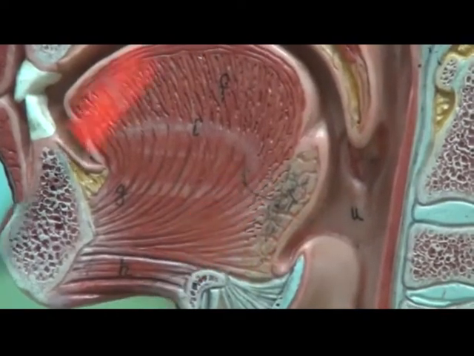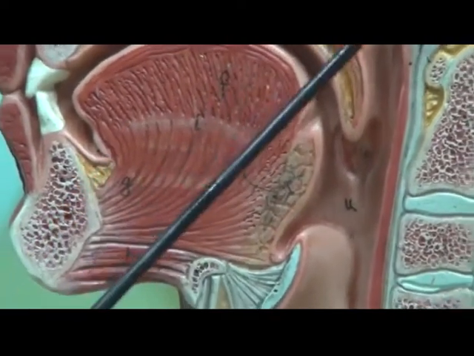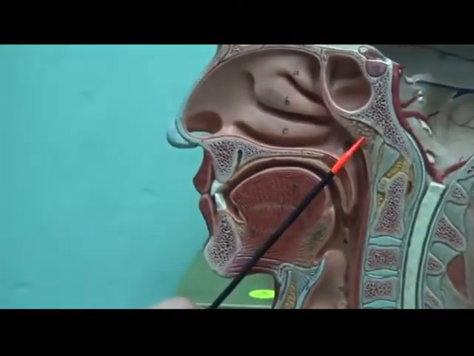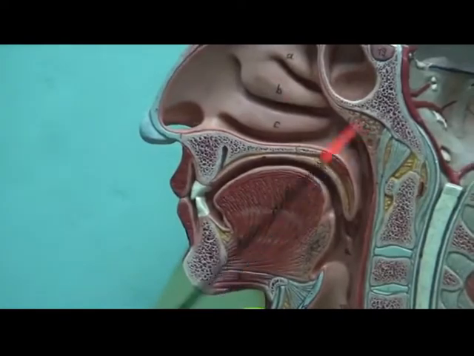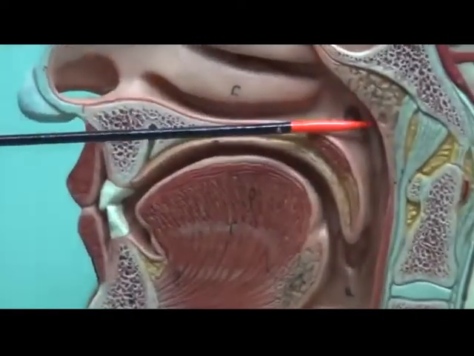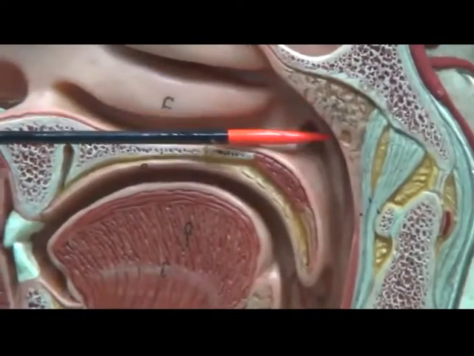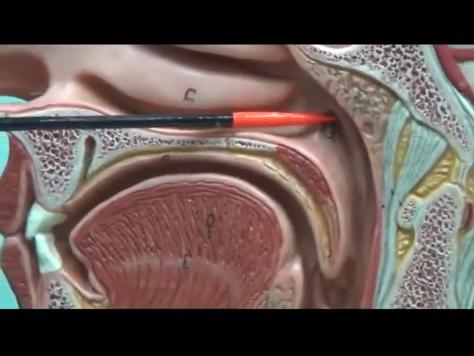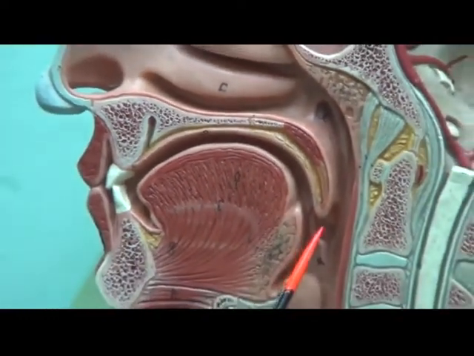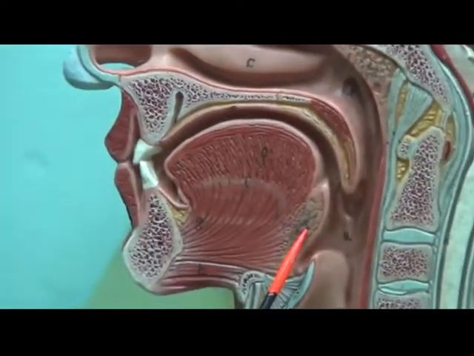Other tonsils in the pharynx include this one here, at the nasopharynx, called the pharyngeal tonsil. The one located at the tubal elevation of the auditory tube is the tubal tonsil. This is the palatine tonsil, and this is the lingual tonsil.